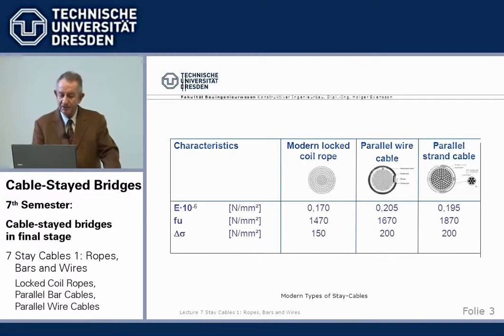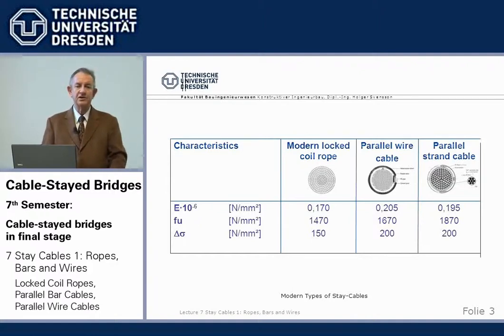Now, the modern types of stay cables used today all over the world, rather similar, are shown here. We have the locked coil ropes, traditional, mainly used in Germany, hardly anywhere else in the world.